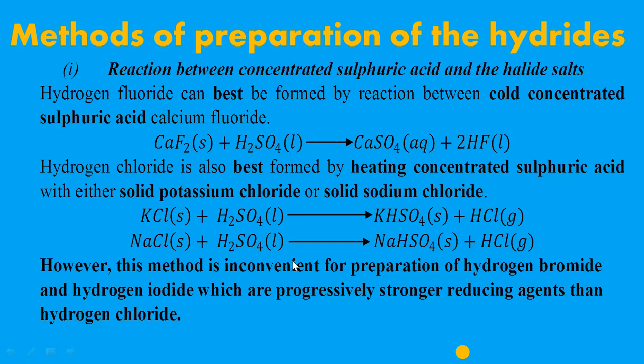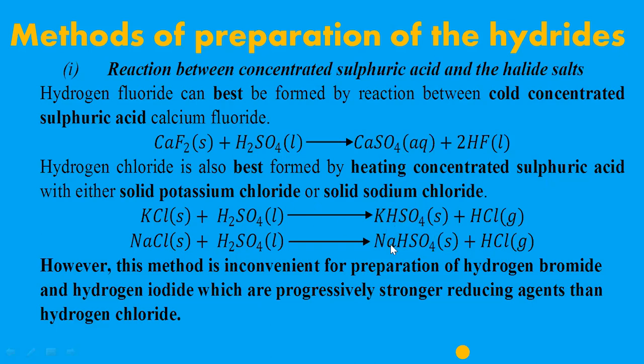Jeremiah, how can we prepare hydrogen chloride in the laboratory? With either sodium chloride or potassium chloride. So it's best formed by heating concentrated sulfuric acid with either solid potassium chloride or solid sodium chloride.